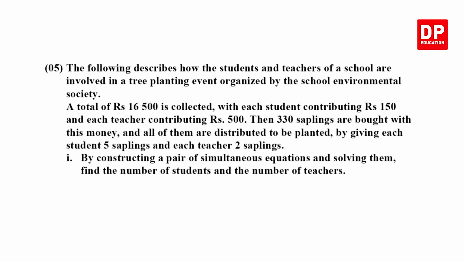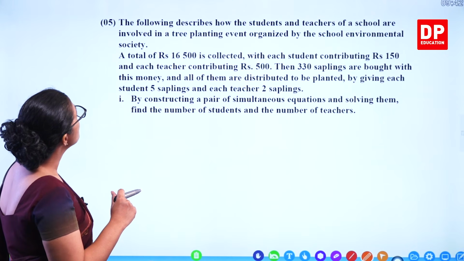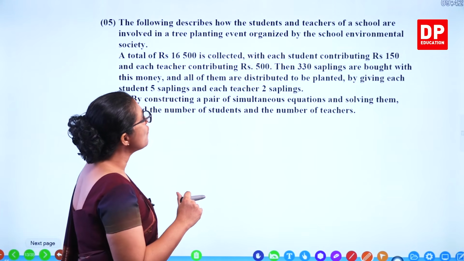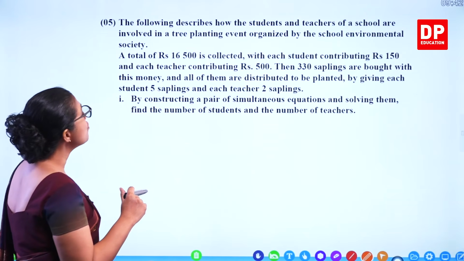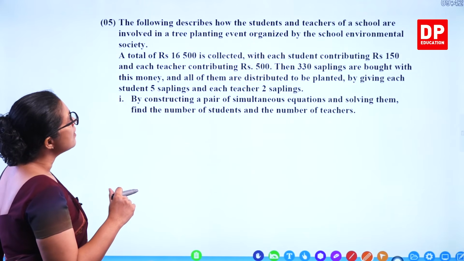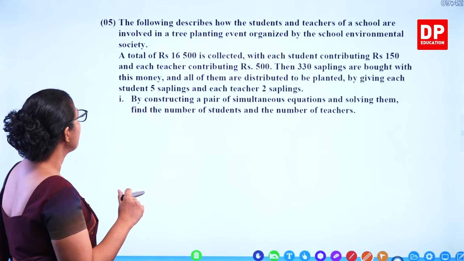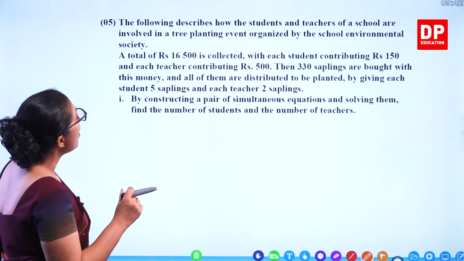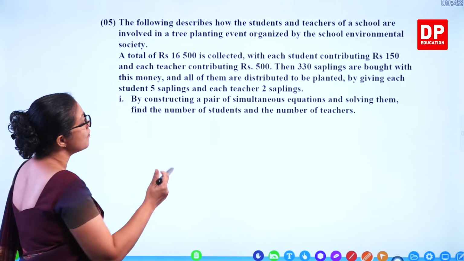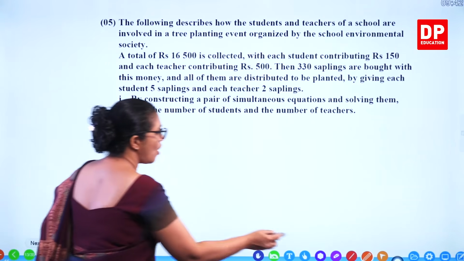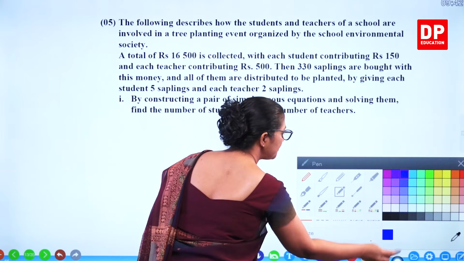Now do question number 5. The first one: the following describes how the students and teachers of a school are involved in a tree planting event organized by the School Environmental Society. So this is about solving equations and making simultaneous equations. How do we do the first part?